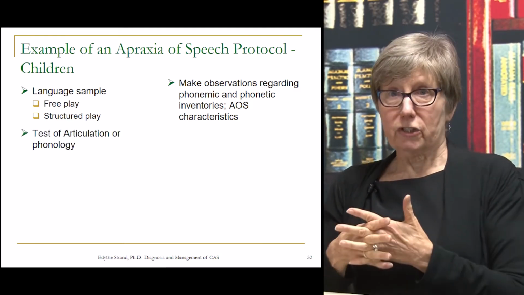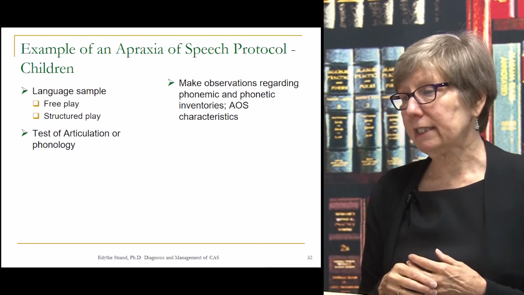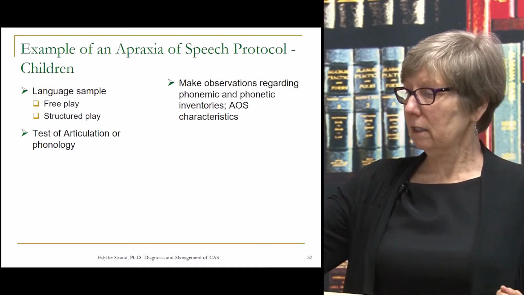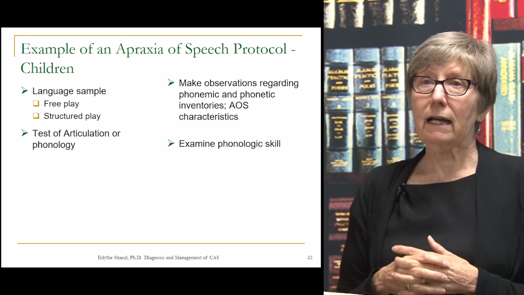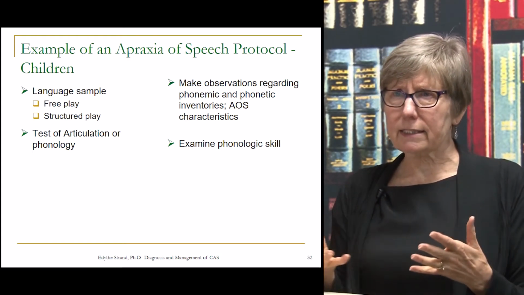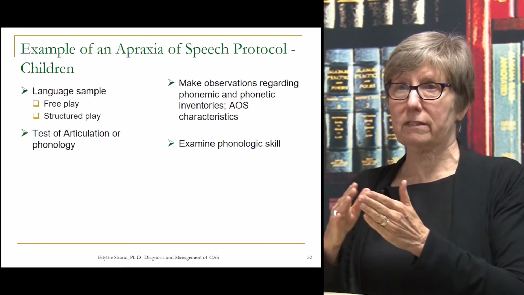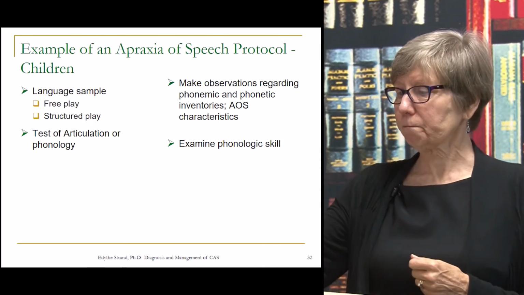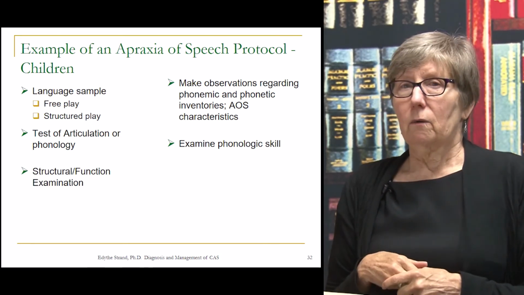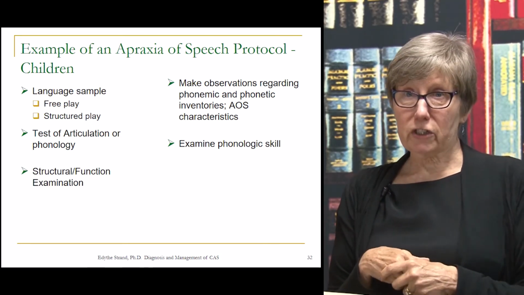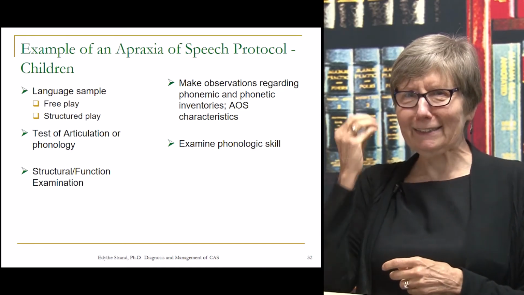Next, we can, if the child's able, do a test of articulation or phonology. And of course, that helps us examine where the child is in terms of their phonologic skill development. We almost always do a structural functional examination, at least in our clinical thinking.